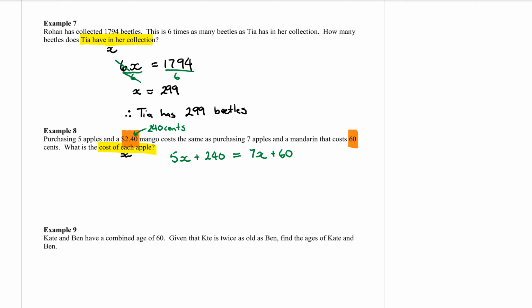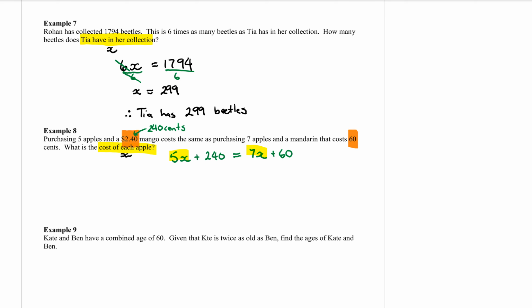Now I need to solve that equation for x because x is the cost of each apple. Now this equation is a little bit more complicated than some of the other ones because it has pronumerals on both sides. We have a 5x on the left and we have a 7x on the right. Now our rule for this was we want to move the smaller one. 5x is smaller than 7x.